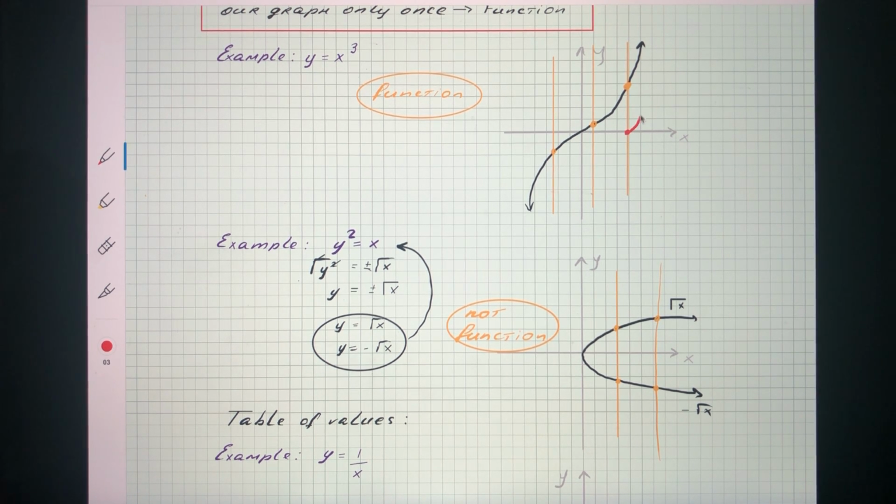Here's the x value. It only goes with one y value. 1 x, 1 y. 1 x, 1 y. Here, when it's not a function, 1 x goes to more than 1 y. So 1 x is associated with multiple y locations, y values, and that makes it not a function.